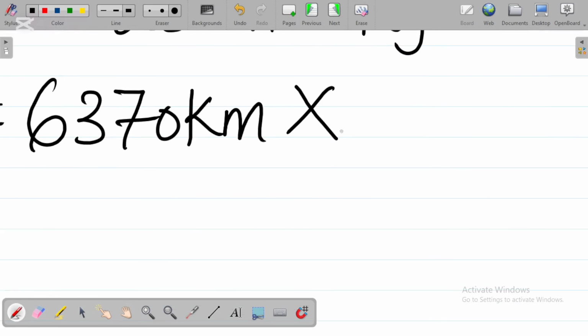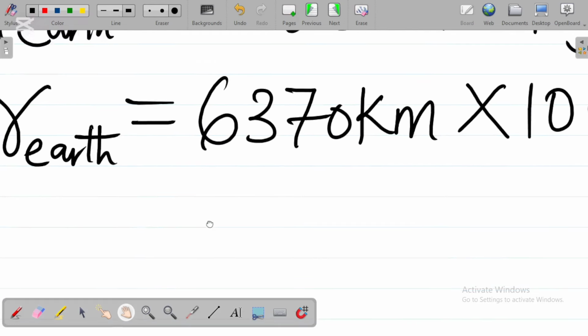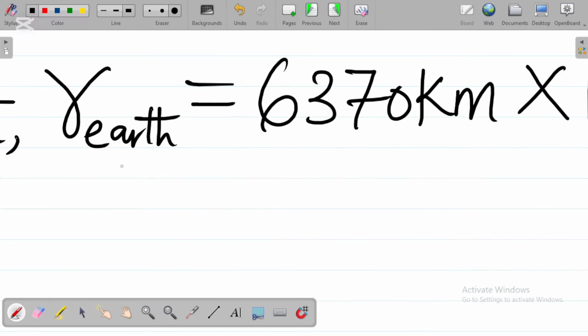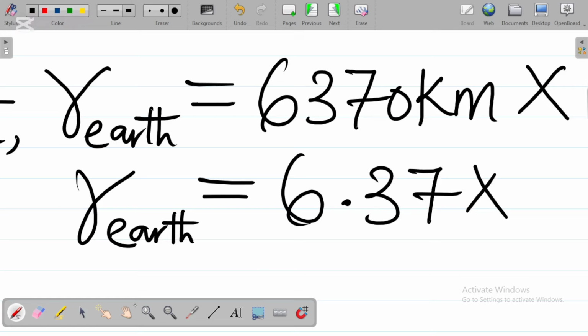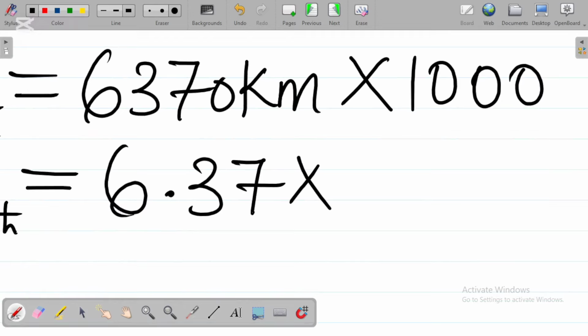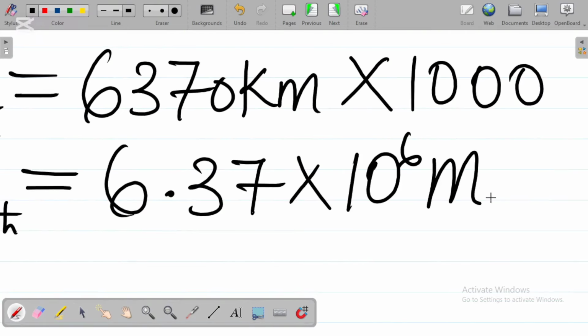And to convert from kilometer to meter, you simply multiply by 1000. So therefore, the radius of our earth is equal to 6.37 multiplied by 10 raised to power 6 meter.